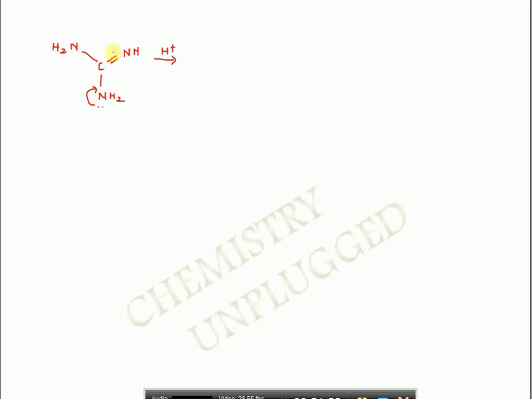Because the lone pair of electrons present on nitrogen can delocalize, the proton can easily attach to the molecule, and this conjugate acid is highly stable in nature because it has 3 forms of delocalization. This positive charge and the lone pair of electrons present on nitrogen can delocalize over the structure, so this structure is very stable in nature. So guanidines are highly basic in nature. They are very strong bases.